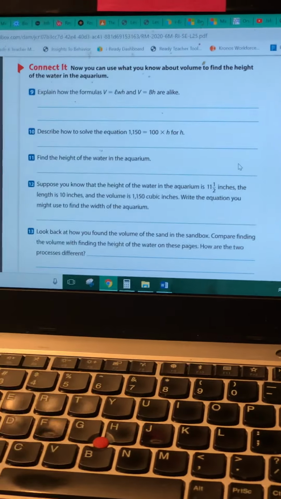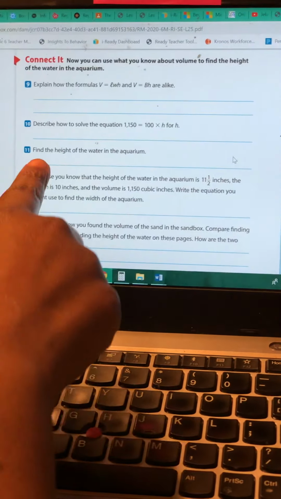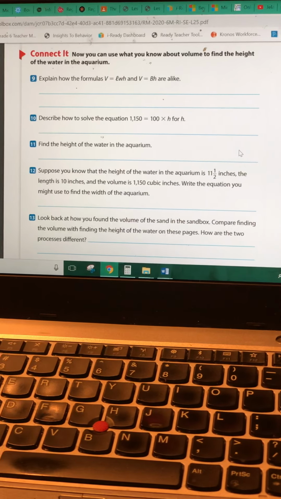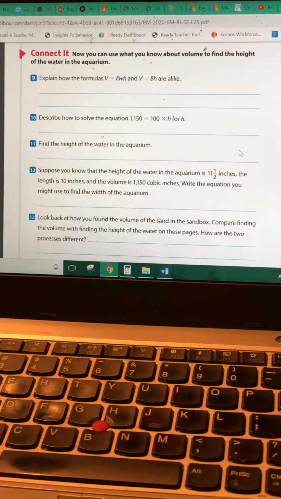Okay. Now, let's look at number 11. Number 11 says, find the height of the water in the aquarium. All right. So let me tell you guys this. I think I jumped a little bit ahead. Number 10 said, describe how to solve the equation.